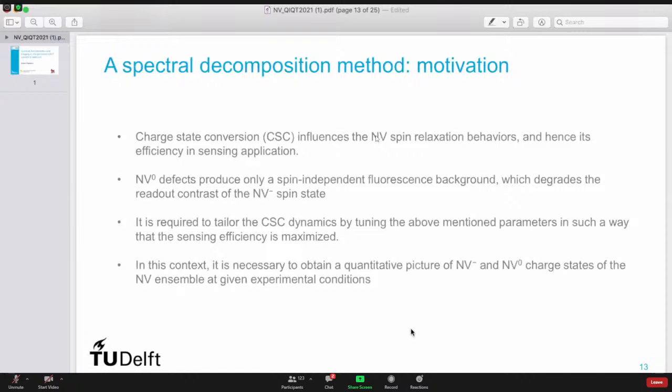To do this, one needs to have an idea, for the ensemble system we are working with, of the concentration of NV0 and NV minus centers. So it is always useful to have a method which quantifies the concentration of NV0 and NV minus centers for the ensemble we are working with. This is the motivation of our work: to quantify the NV0 and NV minus concentration in an ensemble.